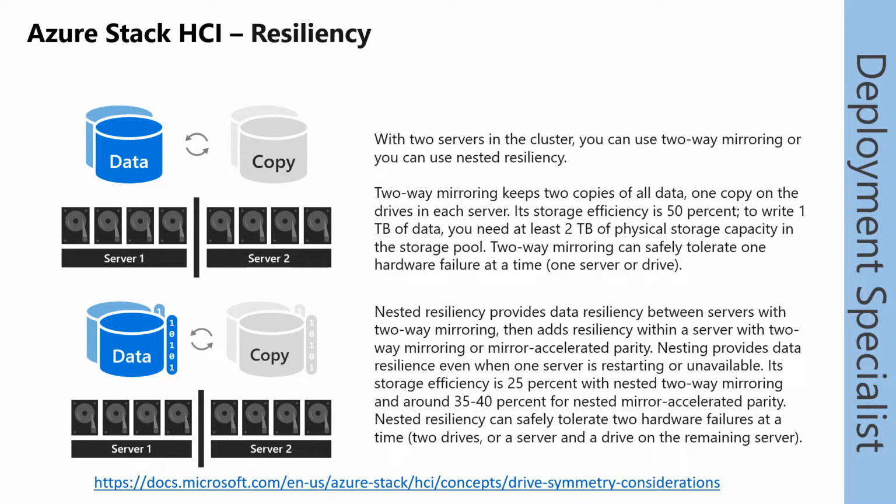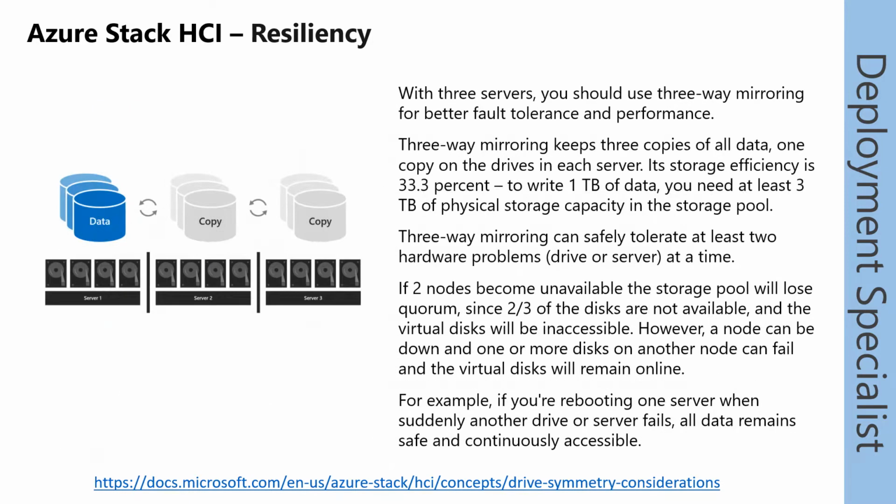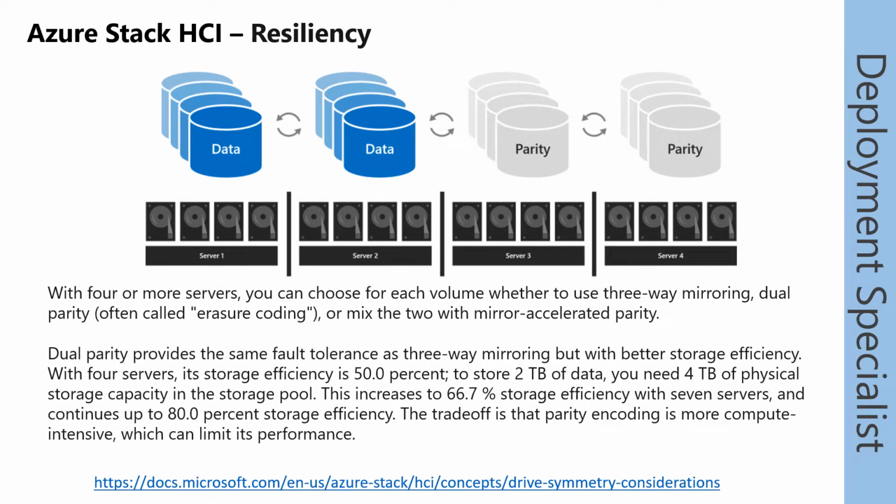And this is the situation when we have configured the nested resiliency, because then we can survive two simultaneous storage failures. So maybe one downtime for one server and at the same time a disk failure in the other server. I mentioned it, with 3 servers we have the 3-way mirror. With 4 servers, we have the 3-way mirror and the dual parity.